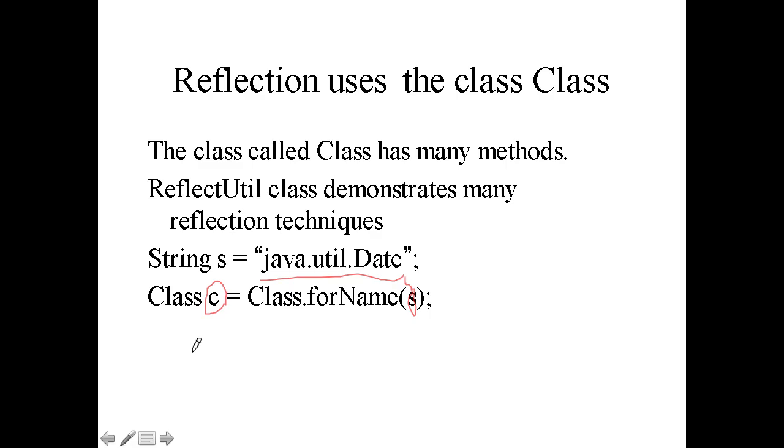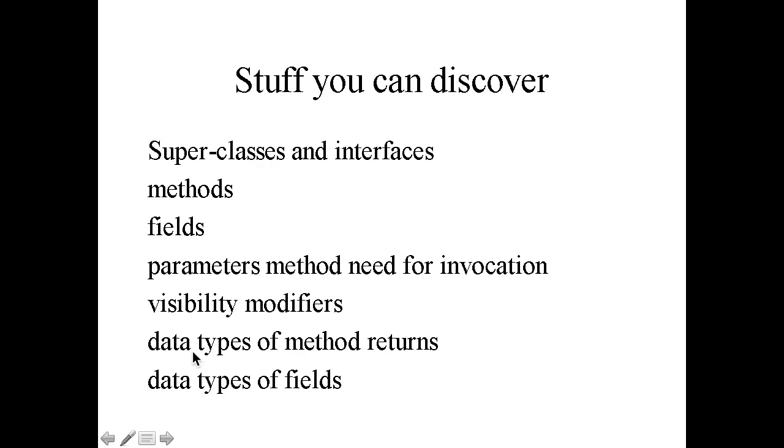So it has to be in the class path, it has to be loadable, it does not work with source. And you can discover all sorts of things about the class based only on that string and its ability to get the Class instance that corresponds to it.